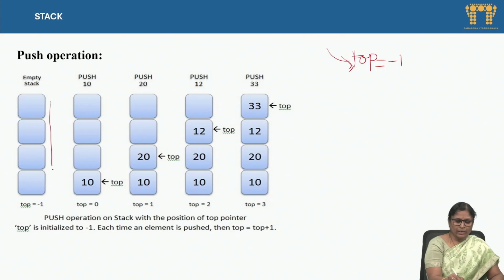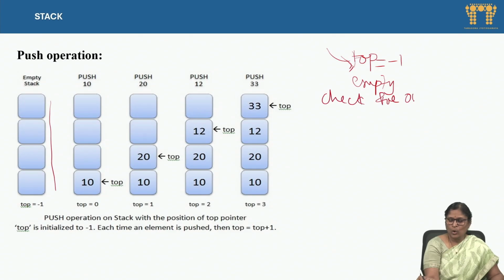Now, consider that initially top is -1. Whenever top is -1, it means your stack is empty, it does not contain any element. Whenever you are inserting an element, or performing a push operation, we need to check for the overflow condition. What does overflow mean?